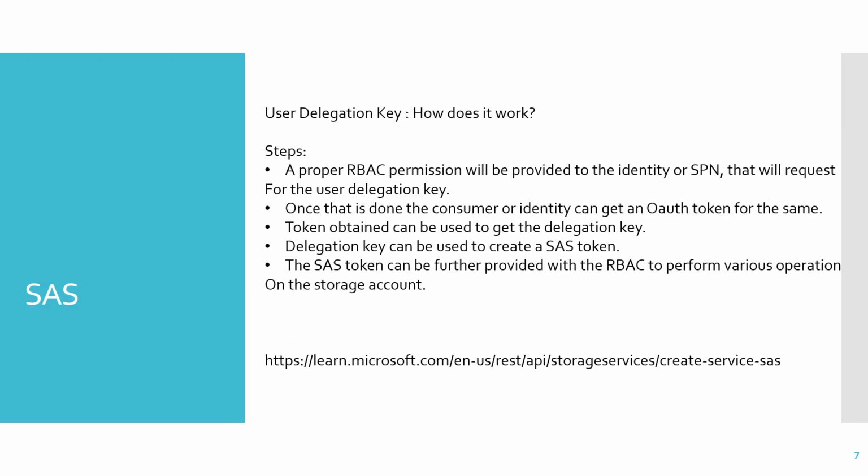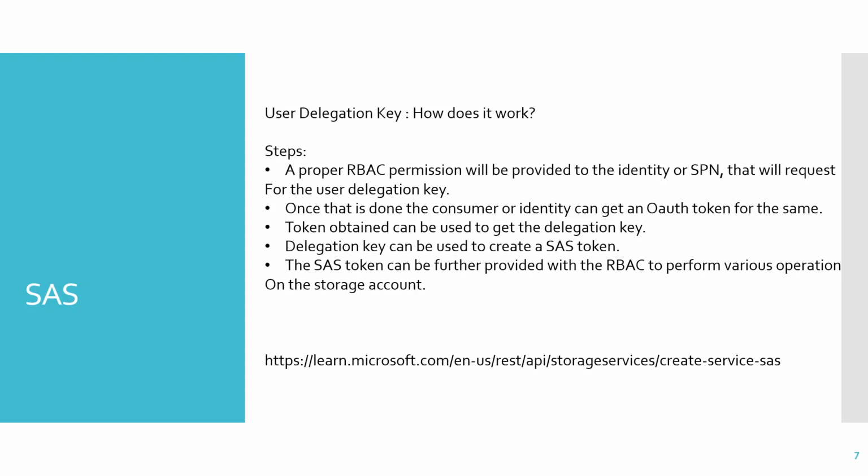Now, how does the flow work? There are a few steps, basically. A user or a service who is trying to access a storage account needs an identity to connect to that storage account. Before you start connecting to the storage account, you have to generate a SAS key, and to generate a SAS key you need a delegation key in the user delegation method.